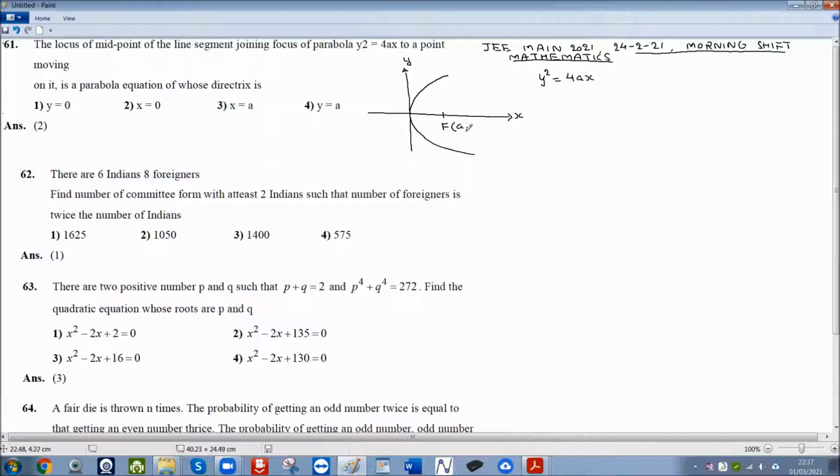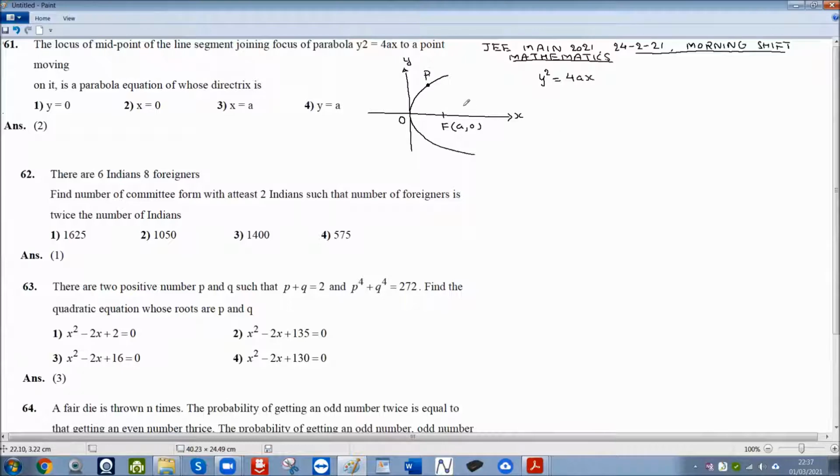Focus has coordinates a, 0. Now we also want to identify the coordinates of any point on the parabola. So suppose P be any general point on the parabola.